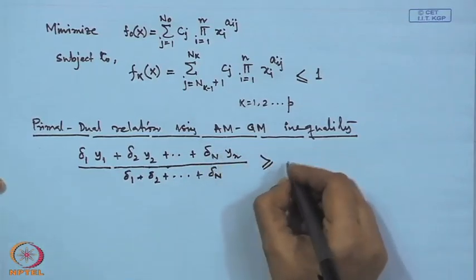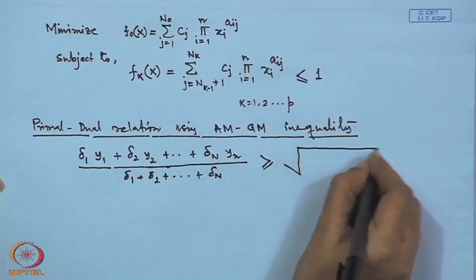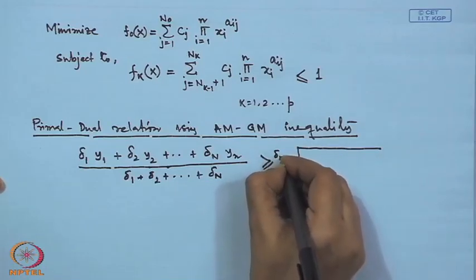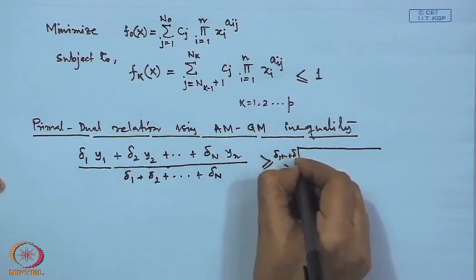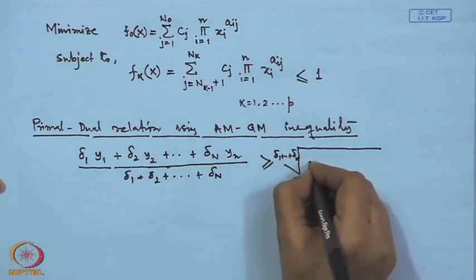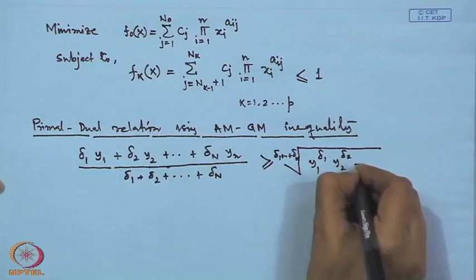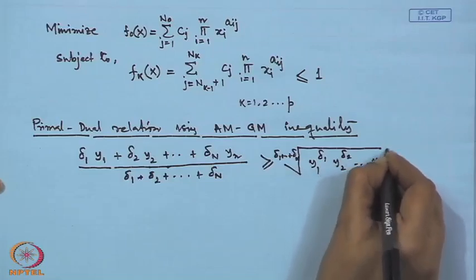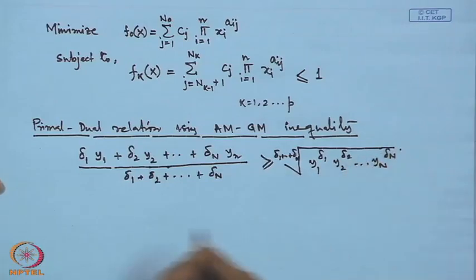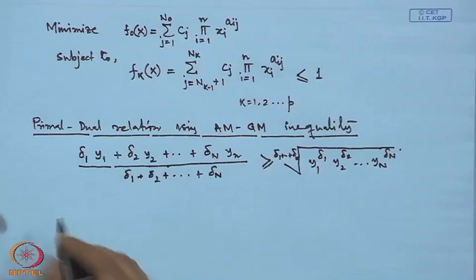This is always greater than or equal to the geometric mean, y1 to the power delta 1, y2 to the power delta 2, in the similar way. And equality holds when these are all equal.